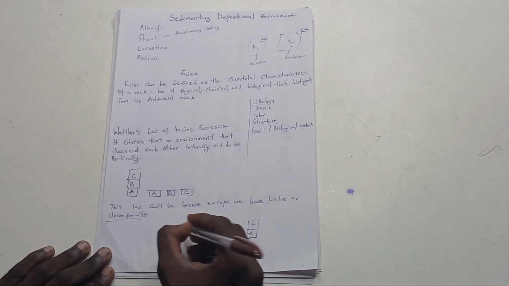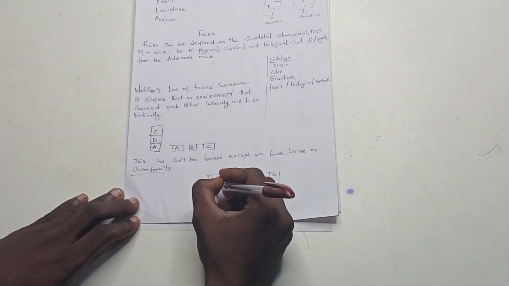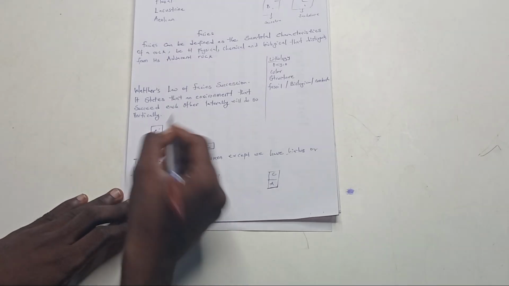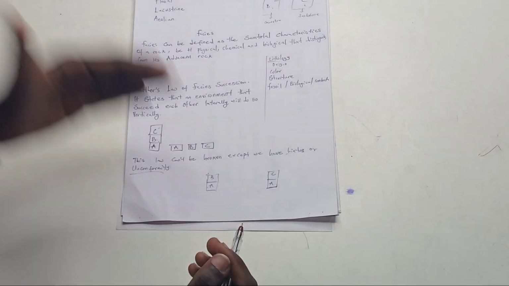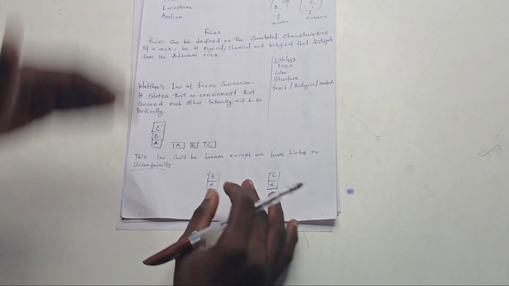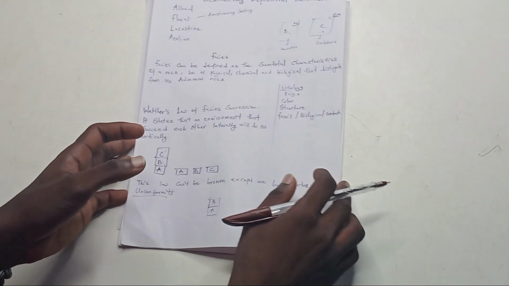But if you have A and B, they are of the same facies model as A, B, C, because they follow each other vertically, even though there's no C there. So they must follow a kind of pattern. We'll still come into that in the next video.